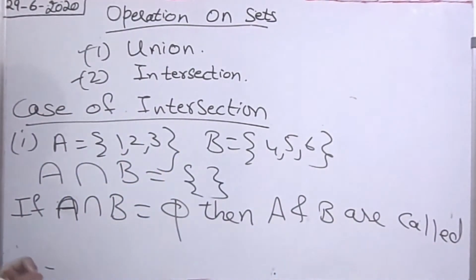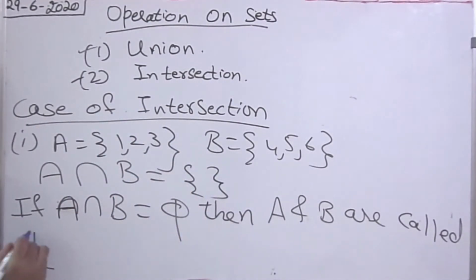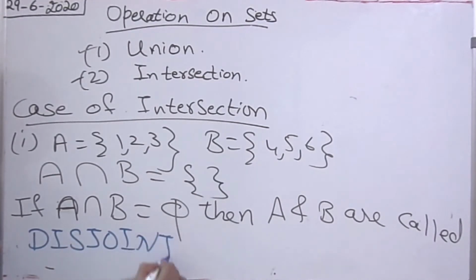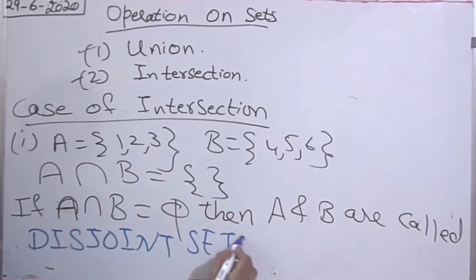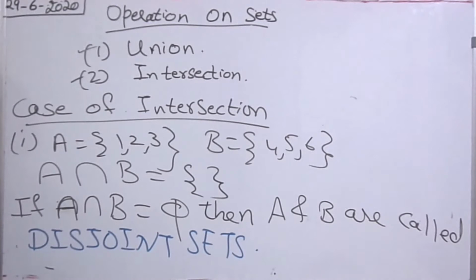Write down this also in your notebook. So what do we mean by disjoint sets? When there is no common element, A intersection B is empty, then we call A and B disjoint sets.